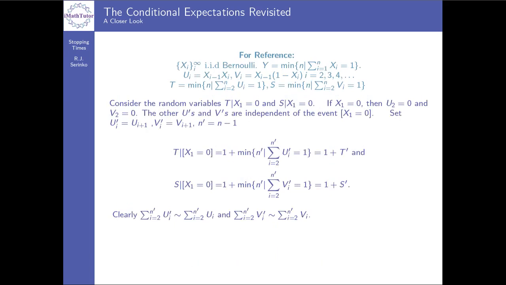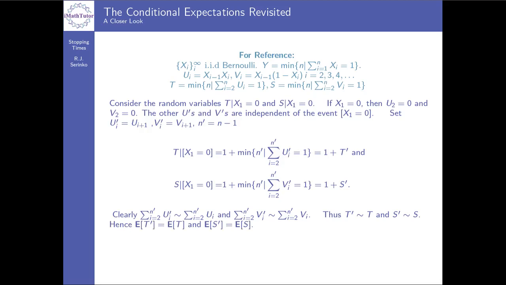Now, notice that here we're summing the same number of random variables, and the ui primes and the ui's have the same distributions, so these sums have the same distributions. Likewise for the vi's and the vi primes, so those sums also have the same distribution. It follows that t prime and t, and s prime and s, have the same distributions.